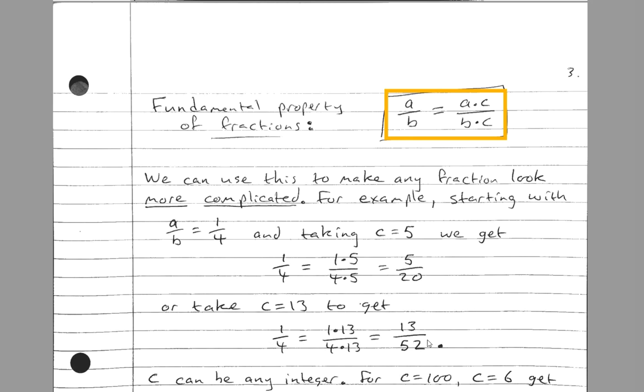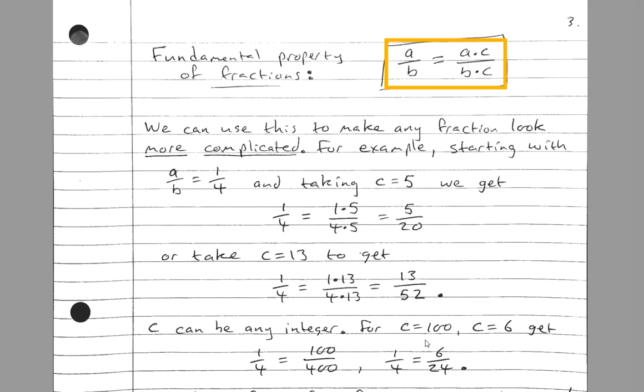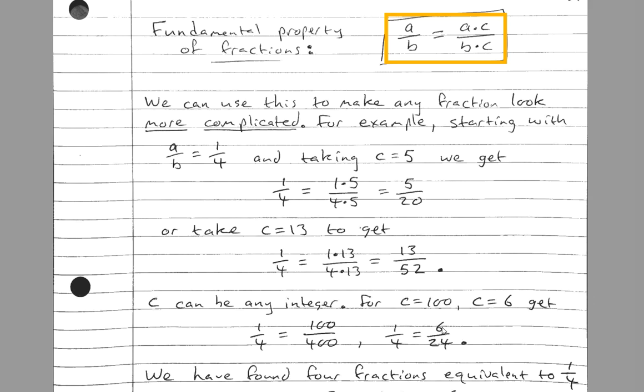Okay, so we've certainly made it look more complicated, but if you draw these two fractions as rectangles, they'll have exactly the same amount of shading. If we take C equal to 100, then we get 100 over 400. Or take C equal to 6, we get 6 over 24.